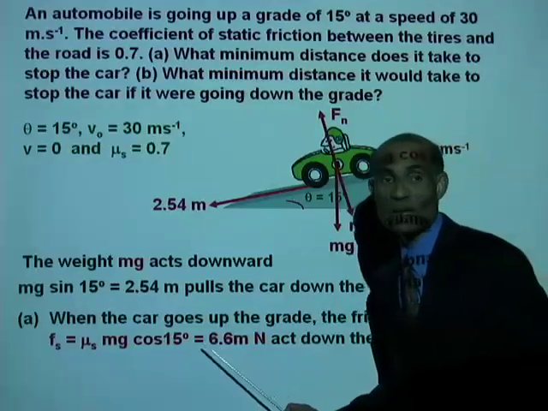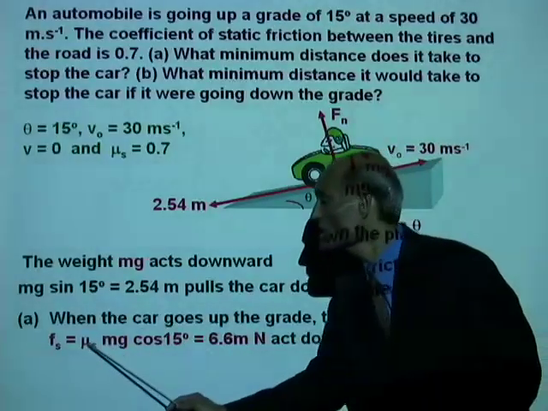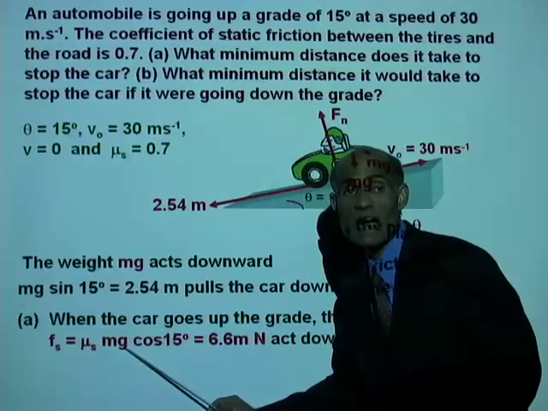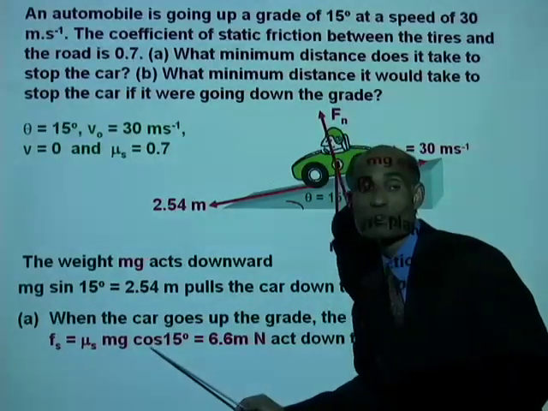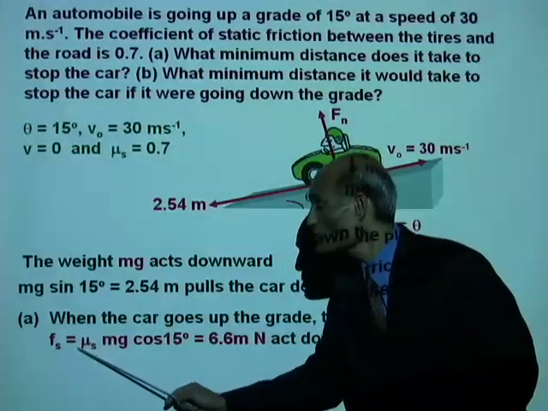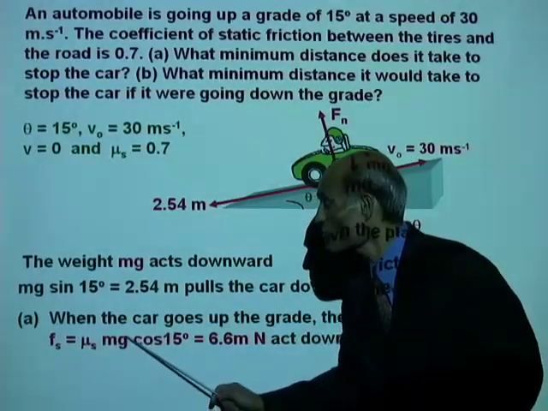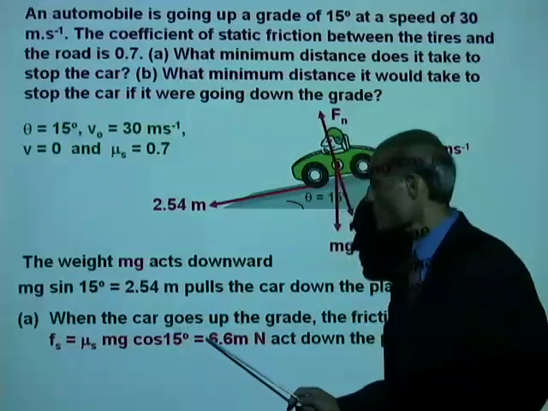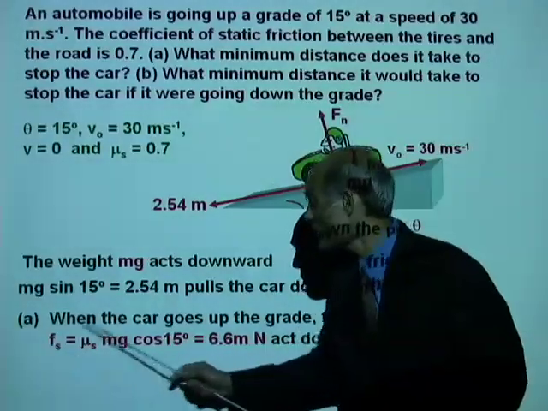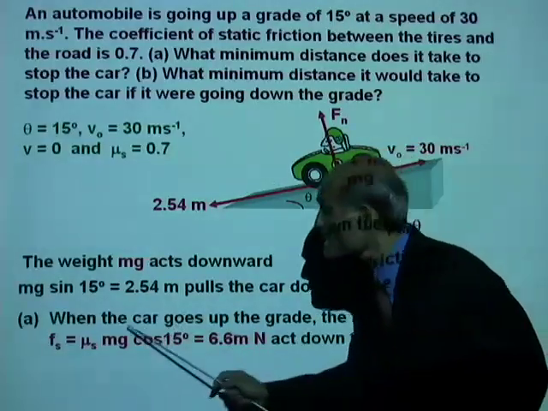So watch here again, the 6.6 is this mu s, which is 0.7, times 9.8 times cos 15. Now please check that on your own. 0.7 times 9.8 times cos 15 degrees is 6.6. That means Fs is 6.6 m.